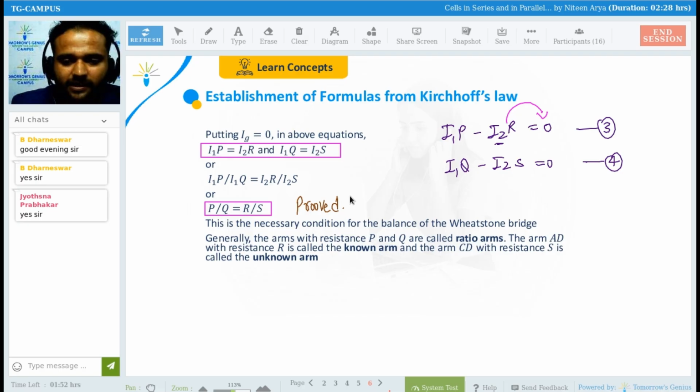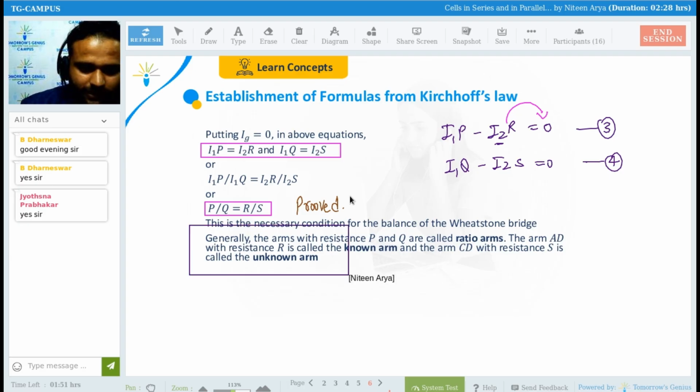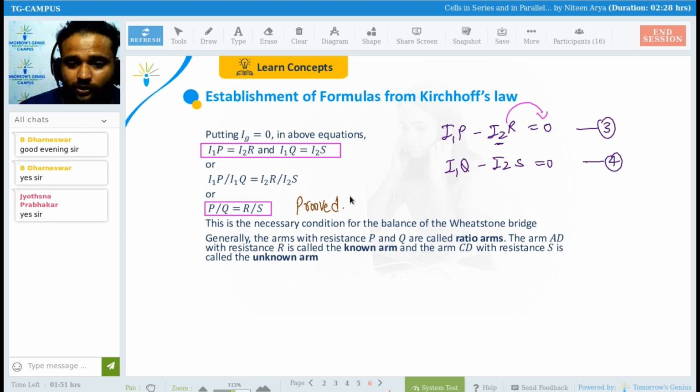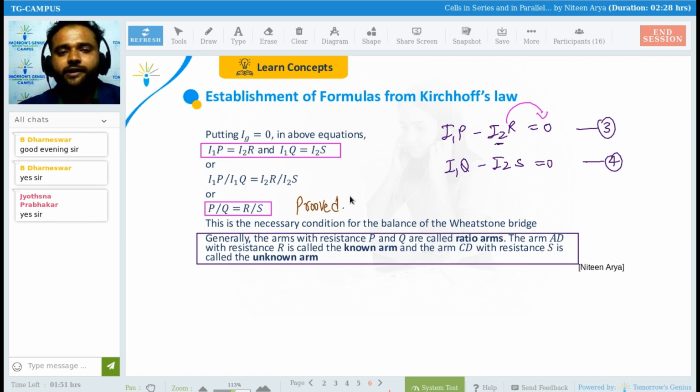Okay, so this is the necessary condition for the balance of Wheatstone bridge. Generally, the arms with resistance P and Q are called ratio arms. The arms AD with resistance R is called the known arm. What are they saying here? This is also an important thing, if you are reading carefully. Generally, P and Q are called ratio arms, meaning the ratio of P and Q is given to you.